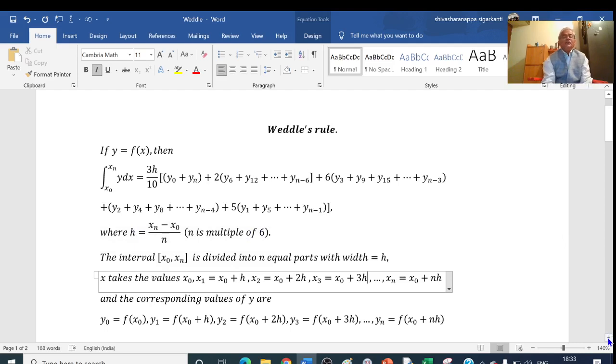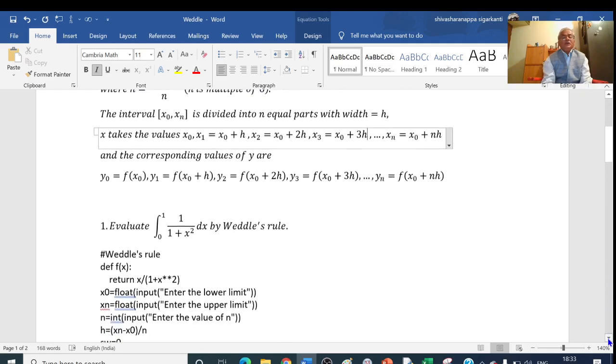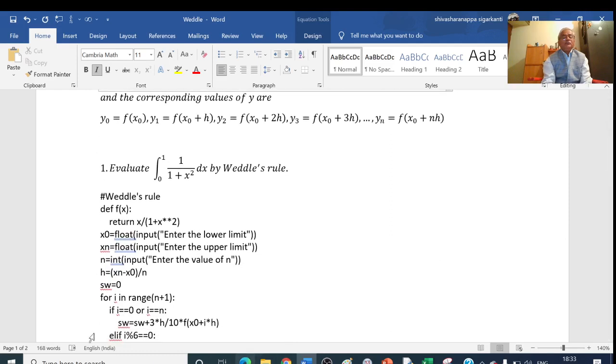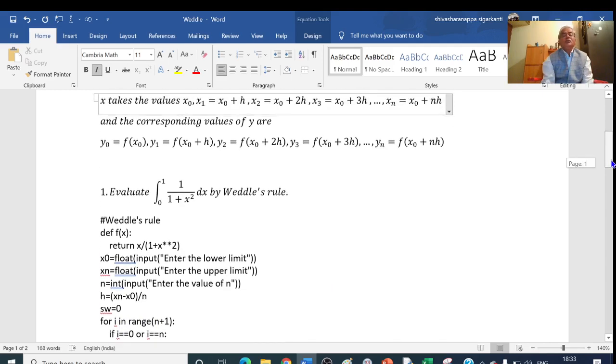We define one variable, let me denote that variable name by SW, and I will initialize this to 0. And then I will consider a for loop here, that is, for i in range n plus 1. That is, i takes the values from 0 to n. And every time I am going to update the value of SW.